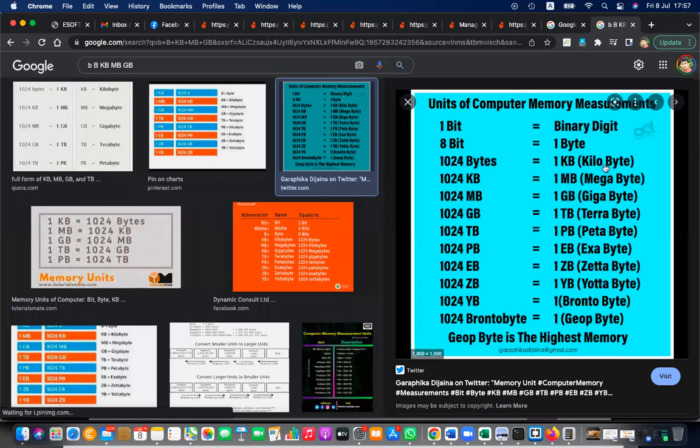You can see here: kilo, mega, giga, tera, peta, exa, zetta, yotta, bronto, geop. Geop bytes is the largest measurement unit available. Take a screenshot of this.